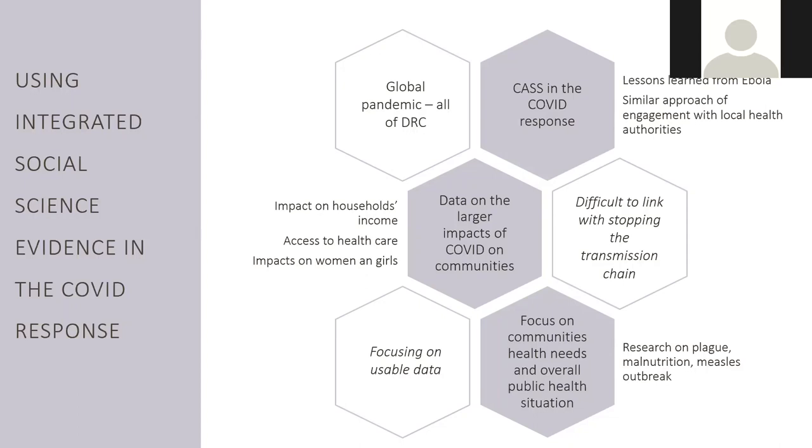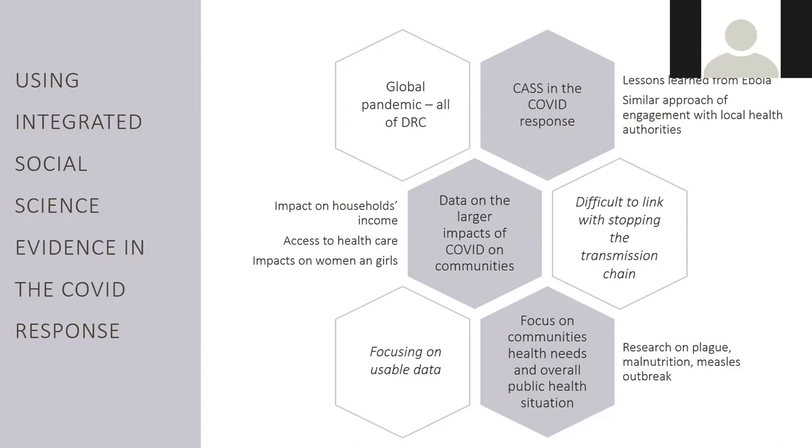We showed that the household incomes were severely impacted by the COVID measures, such as lockdown and travel. We also saw a consequence on access to healthcare, and we also showed that the impacts were even more severe for women and girls. But as you can imagine, it was much more difficult to link these impacts with stopping the transmission chain.